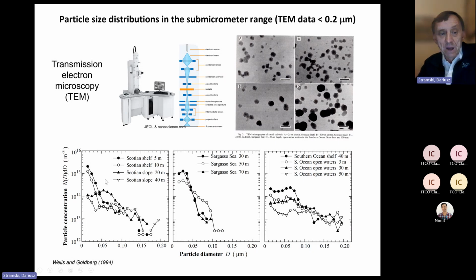Again, you can see here pretty large variability in both the magnitude of concentration as well as shapes of submicron particles. But this technique, electron microscopy, is not amenable for routine use. I'm aware only of a few instances where this attempt to count and size small particles with electron microscopy was attempted and published.